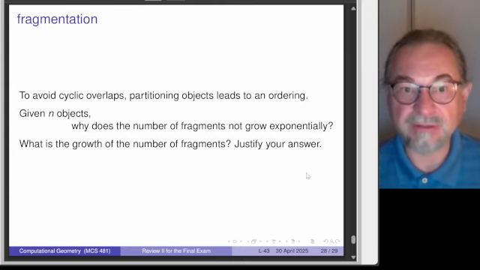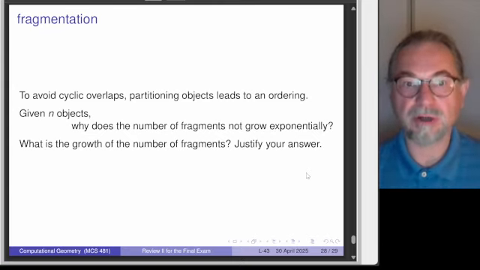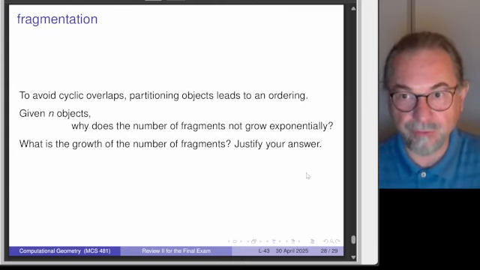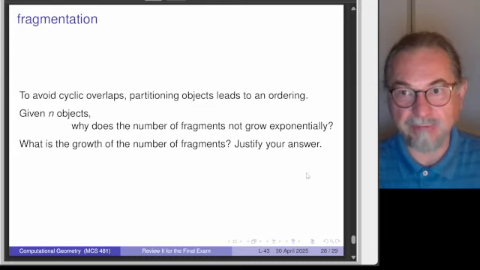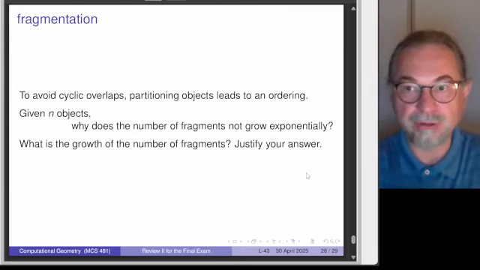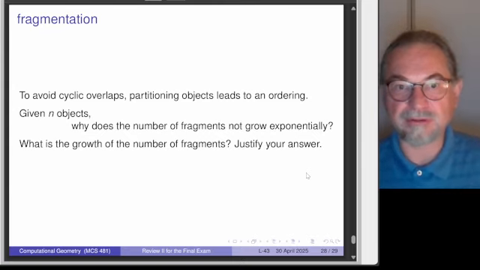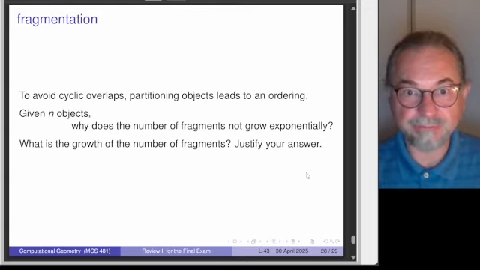Now, it turned out that we had to fragment our objects because otherwise we couldn't really decide on a unique ordering. So some triangles might be overlapping other triangles that then overlap other triangles, and these other triangles overlap the original triangle. So fragmentation was necessary. So we start with n objects.